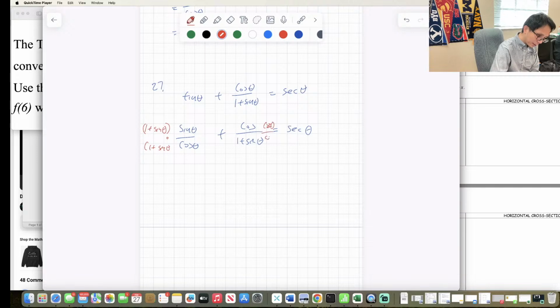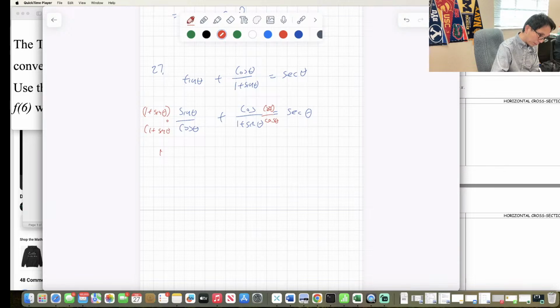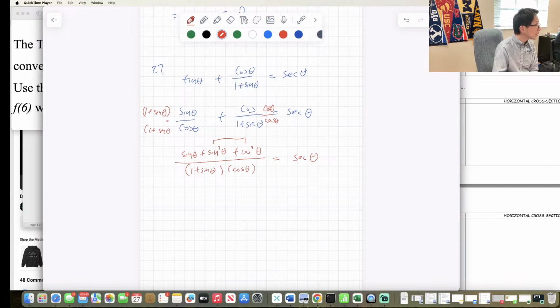I think we had a similar question yesterday in the notes. So the bottom is now unified, so it's 1 plus sine theta times cosine theta. And this one is going to be sine theta plus sine squared theta plus cosine squared theta is equal to secant theta. Obviously, this is the Pythagorean identity, what we see, right?